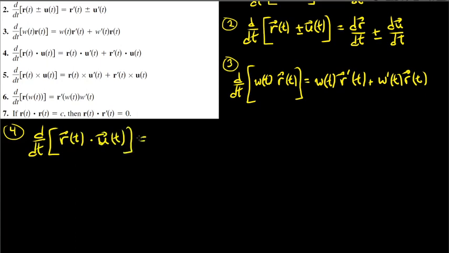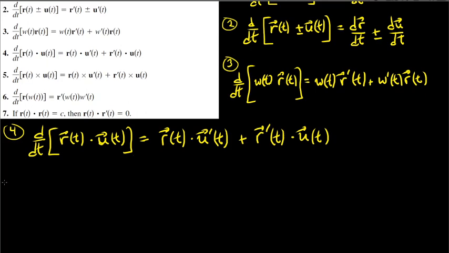It's still a product, so you still use the product rule: first times the derivative of the second, where by times we mean dot product, the derivative of u, plus the second dot the derivative of the first, which is r prime dot product with u. So that's the product rule applied to the dot product in particular.